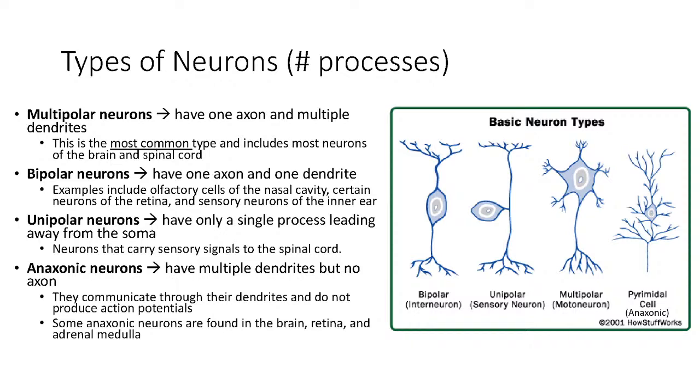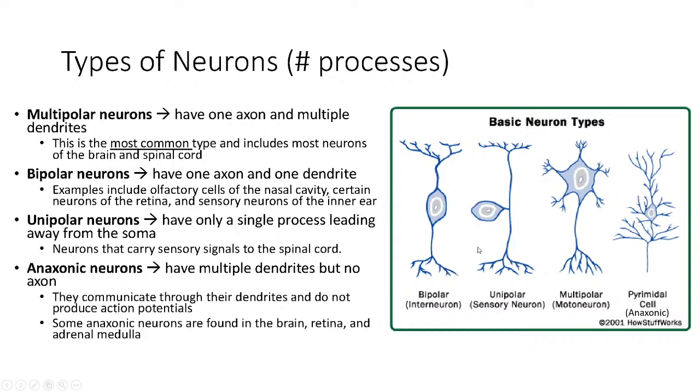You also have the olfactory cells in the nasal cavity, certain neurons in the retina, and sensory neurons in the inner ear. In the spinal cord, we'll see interneurons connect neurons in the spinal cord. Basically, when one neuron needs to transmit a signal to another in the spinal cord, we'll be looking at interneurons. They're an important part of the reflex arc, and we'll come back to those.